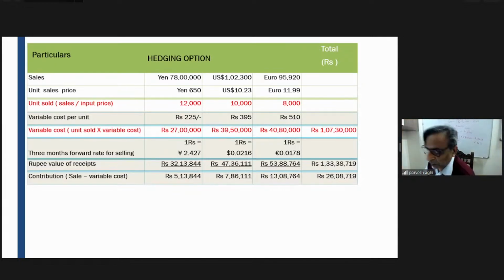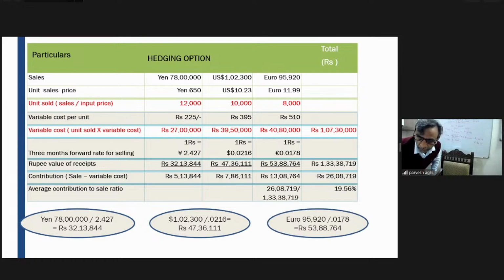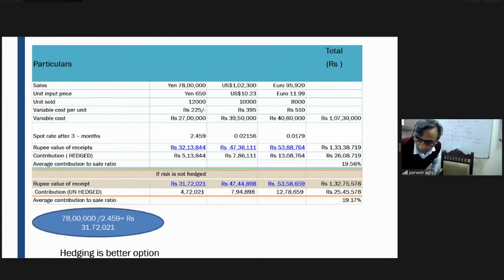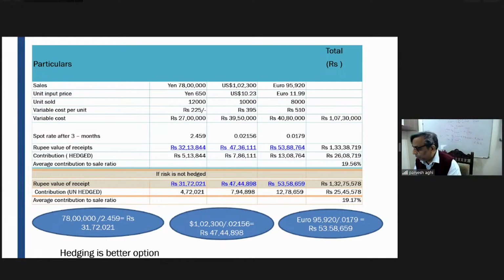So he was getting 32 lakh 13,000, and when he was not hedged, he was getting, just to check, 31 lakh 72,000. So the calculations are absolutely right. I hope you have followed.